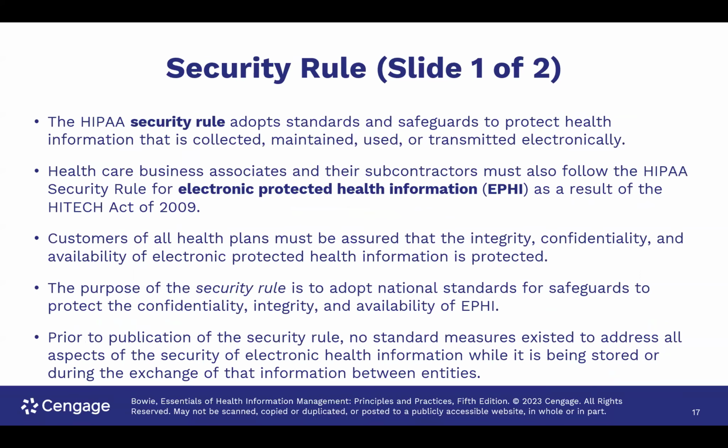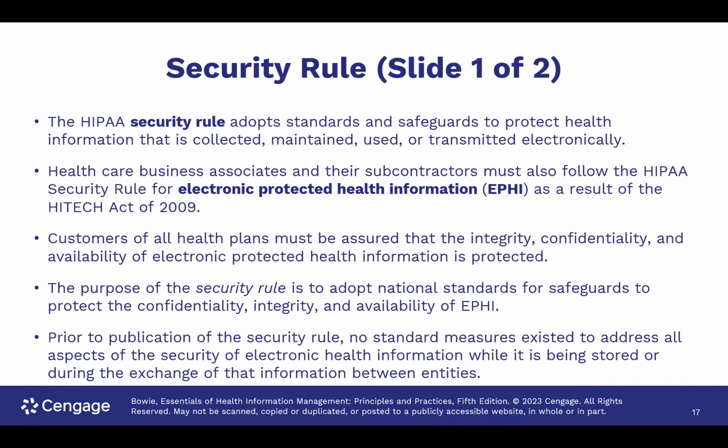The HIPAA security rule is a separate section of HIPAA, and it covers standards and safeguards to protect health information that's collected, maintained, used, or transmitted electronically. Healthcare business associates and their subcontractors must follow the HIPAA security rule for electronic protected health information, the EPHI, under the HITECH Act of 2009.